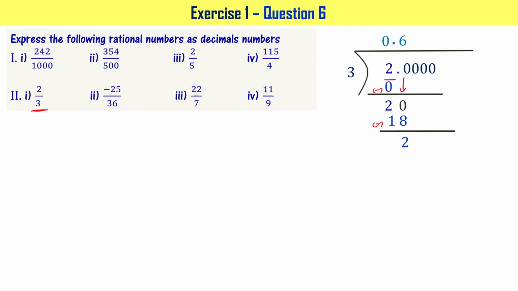Then I can bring another 0 down. So it has become 20. 6 times 3 is 18. When you subtract, again 2 as the answer. You can bring down 0. 6 times 3, 18. When you subtract, again you get 2 as the answer, right?